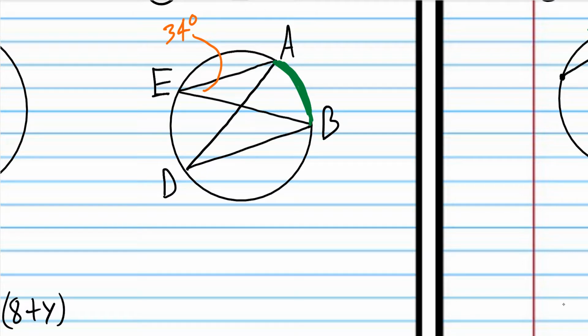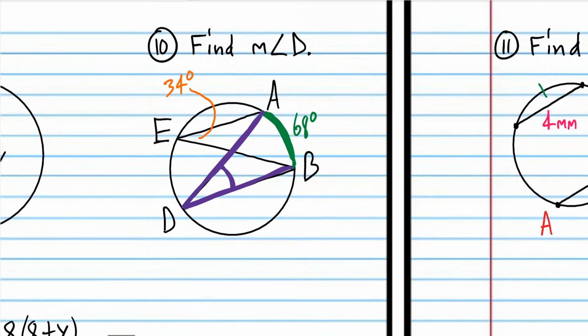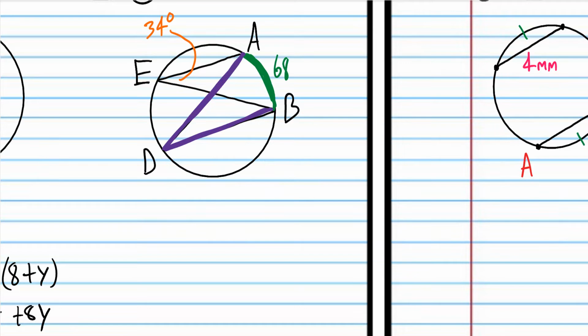And if that arc is 68, then we go backwards to find this angle, because again, that's an inscribed angle touching at those same points of intersection. So if this is 68 degrees, divide it by 2 to go backwards to get to this angle here. And that angle is what we're looking for. That's 34 degrees. So 68 divided by 2 is 34 degrees.